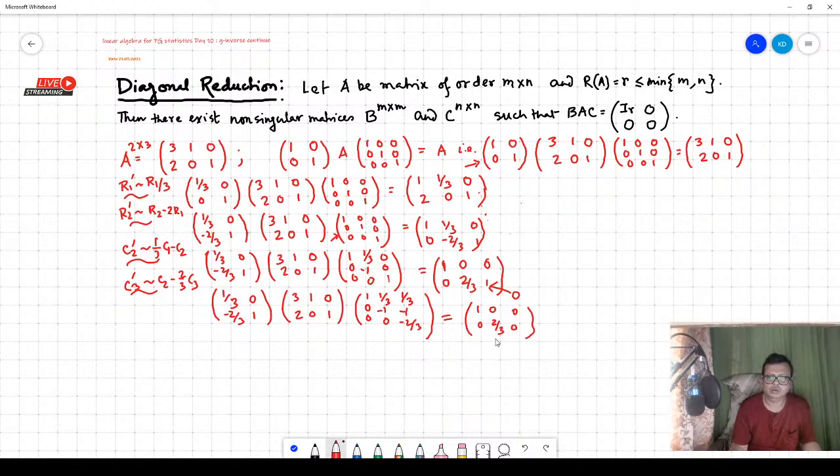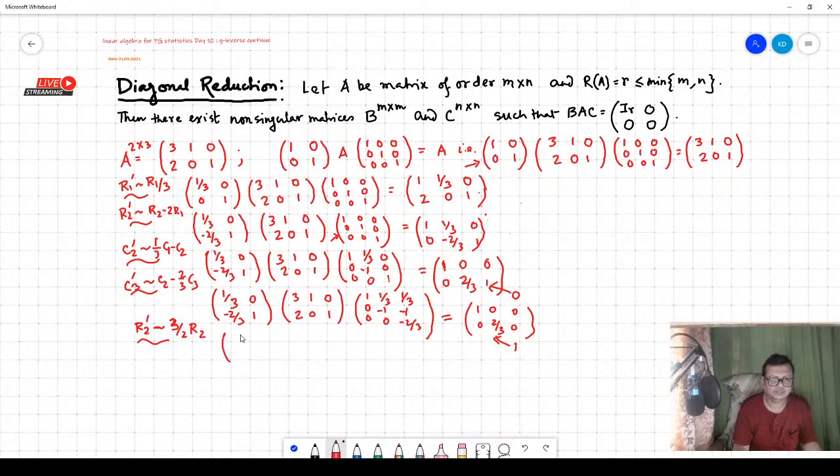So now convert this 2 by 3 to 1, then you use row operation R2 dash equals 3 by 2 into R2.